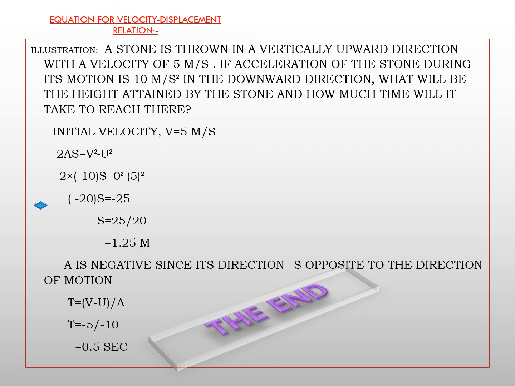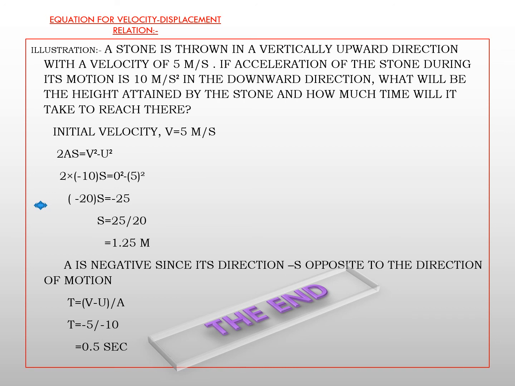And what will be the height attained by the stone? We have the velocity, and we have to find the maximum height attained by the stone. So it shows a relation between height and velocity. Which formula do we have to apply? v square is equal to u square plus 2as, or 2as is equal to v square minus u square.